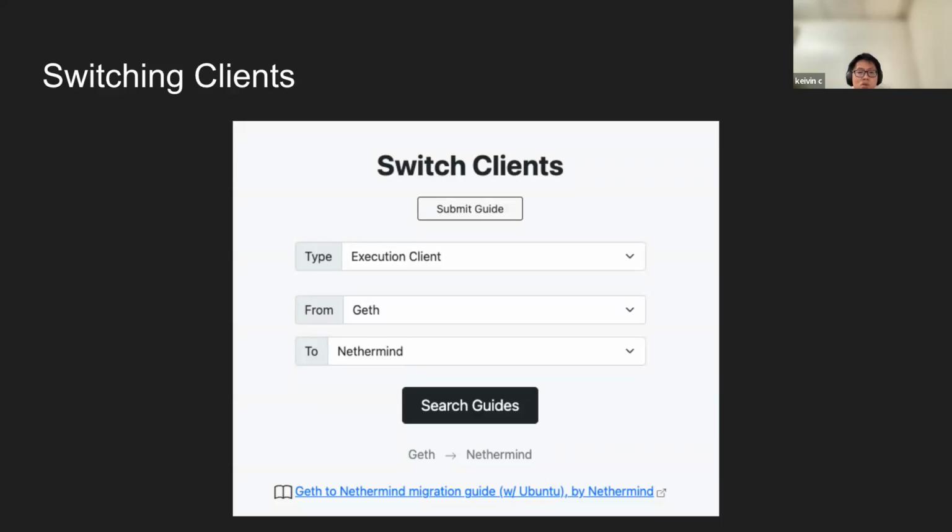Of course, you can switch to some of the other clients as long as it's not the main majority today, which is Geth. And this is from clientdiversity.org. It has a very nifty tool. You can just choose your current client and the client you want to switch to, and it will suggest relevant documentation, which you can read up on to see how you can switch over.